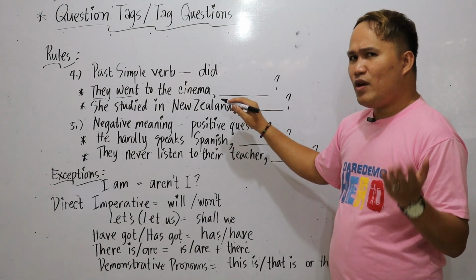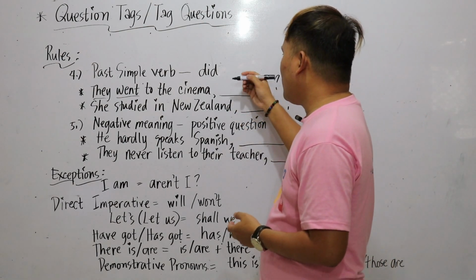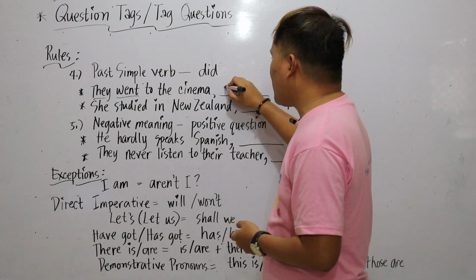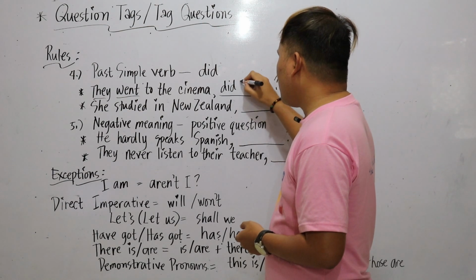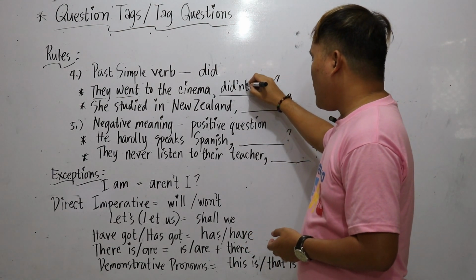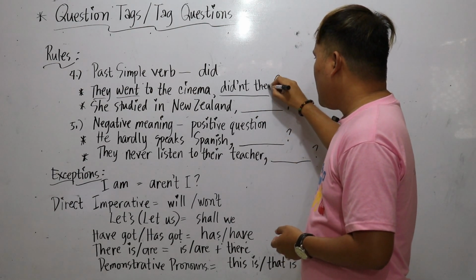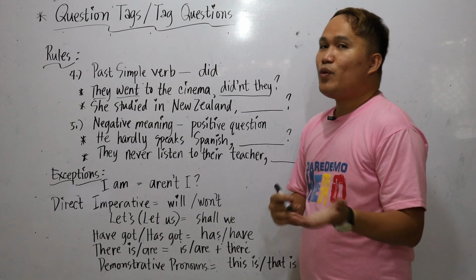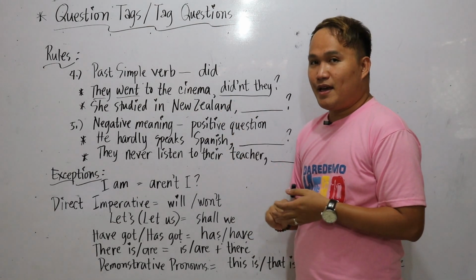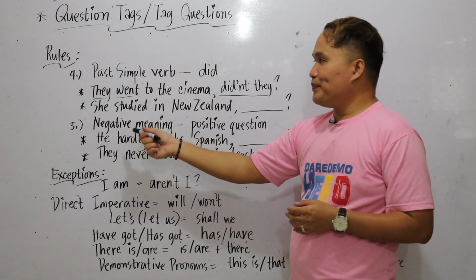Did they or didn't they? Didn't they? Very good, because one of the rules is, if the statement is positive, we should use the negative form of the question tag. So we have: They went to the cinema, didn't they?